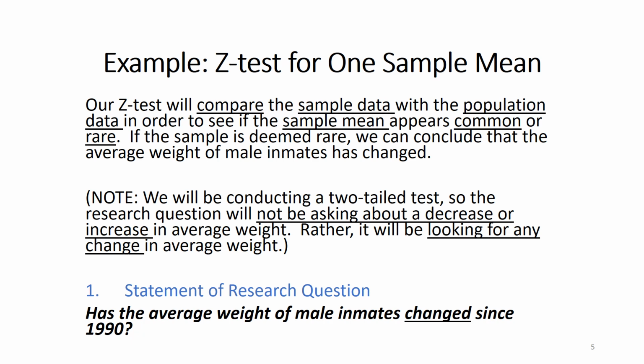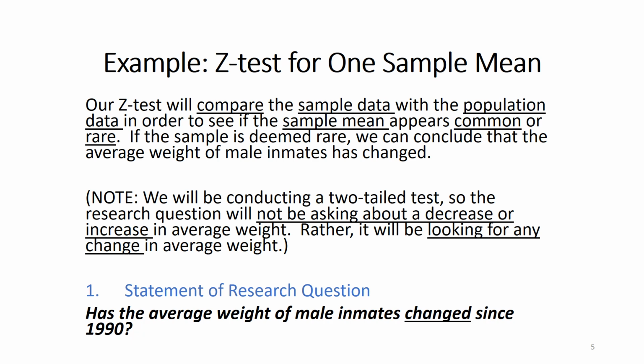So we look at the note. Note, we will be conducting a two-tailed test. As you may have recalled at the end of our last lecture, I talked about how we will always be doing a two-tailed test. So we're not going to try to predict an increase in weight or a decrease in weight. No, we are simply going to try to examine change. Is there a change? Is there a difference?